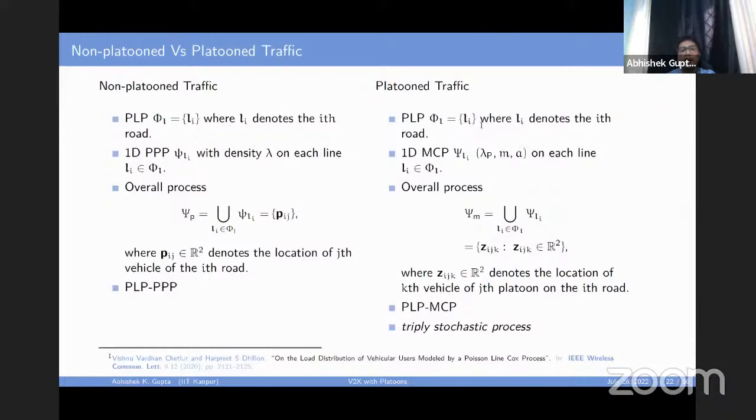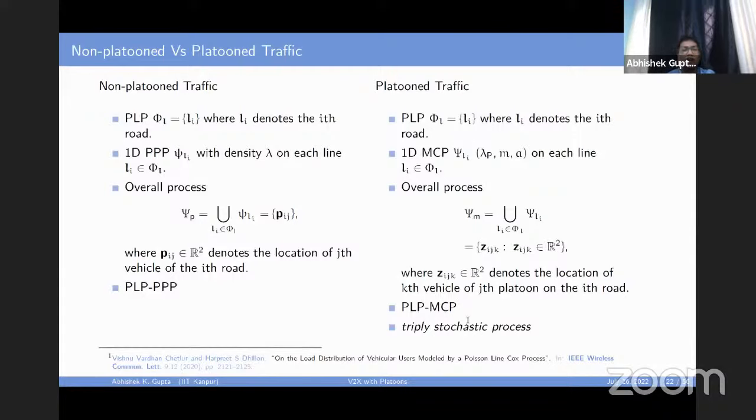Then if you take a union of all those things, what you get is many points which you can call Z_ijk. Z_ijk is the kth vehicle on the jth platoon on the ith road. So there are three levels of irregularity here. That's why we call it a triply-stochastic process, and we term this PLP-MCP.